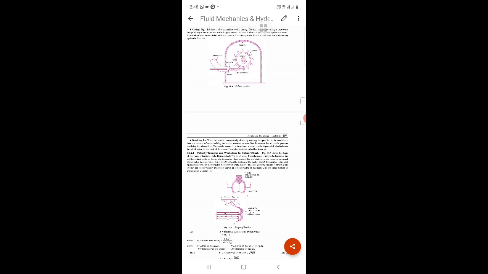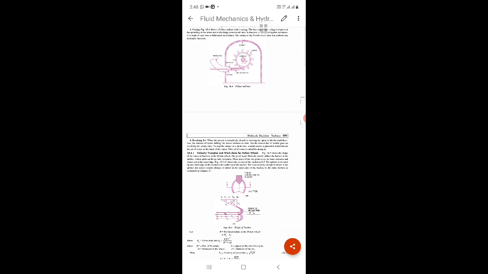So to prevent this, and to stop the runner within a short time, a small nozzle is provided which directs the jet of water to the back of the vanes. This jet of water is called the braking jet.